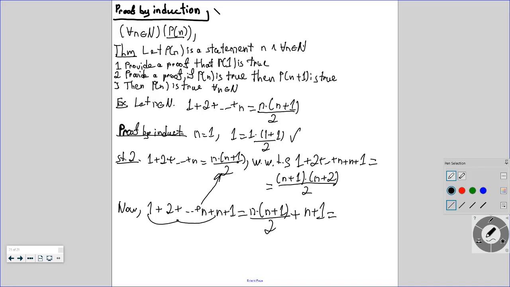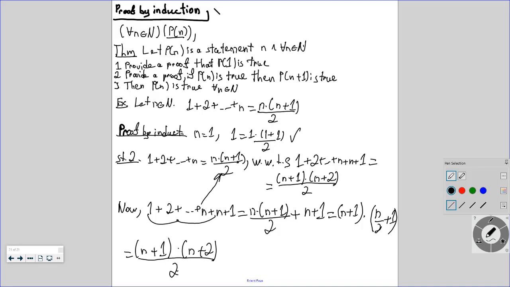From here, if we take n plus 1 out, then we have (n plus 1) times (n over 2 plus 1), which is equal to (n plus 1) times (n plus 2) over 2. So we proved step 2.